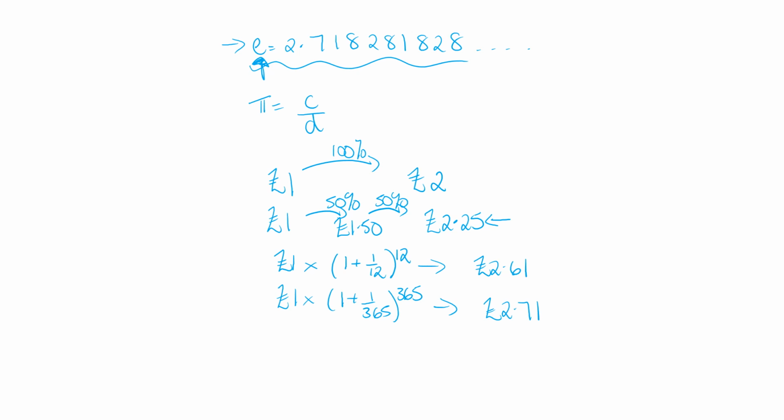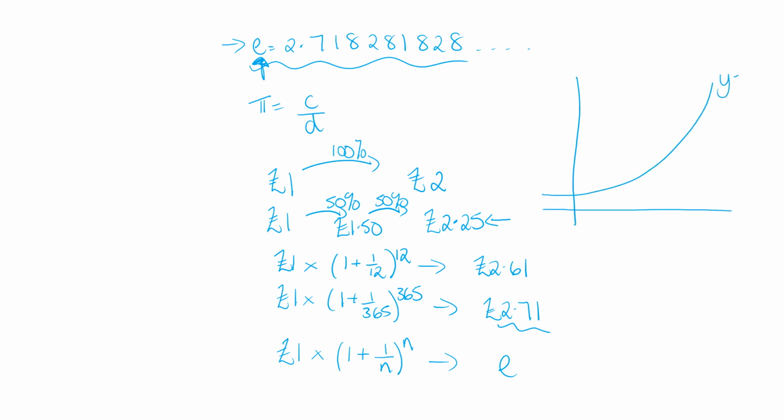So you can see that even doing it daily, I'm now getting a number that is like e. And Jacob Bernoulli discovered that if I just use a formula, (1 + 1/n) to the n, as n gets larger, this tends towards this number e. So it's no surprise when we look at the graph of the exponential function y equals e to the x, that the rate at which it is growing exactly maps on to the actual function itself.